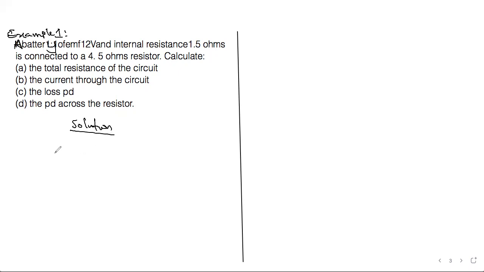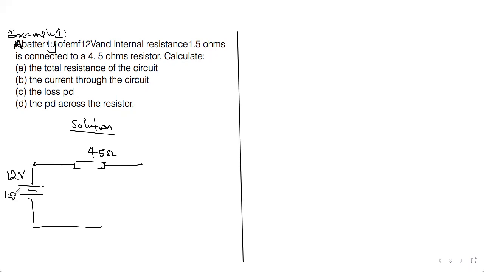So we have a resistor of 4.5 ohms connected to a battery of 12 volts, and the internal resistance of the battery is 1.5 ohms. Let's say you have an ammeter that reads the current here. You have to determine the total resistance in the circuit.